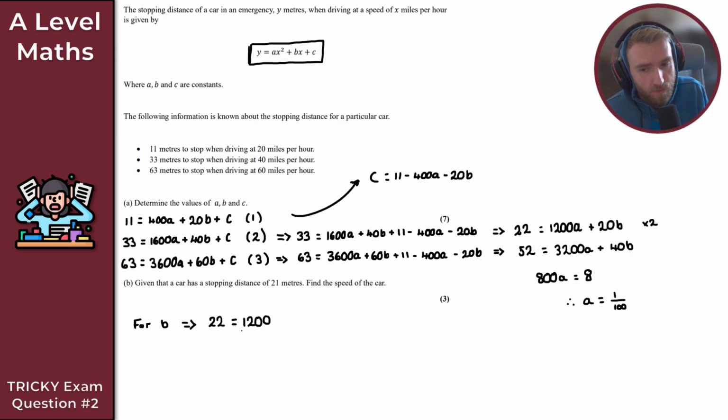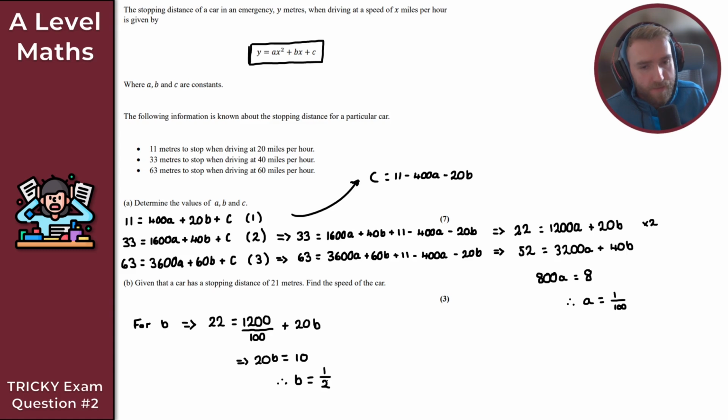So that's 1200 over 100 plus 20b. So 1200 over 100 is 12. What I've got here then is 20b is equal to 22 minus 12, which is 10. And then finally, if we just want to solve for b, just divide both sides by 20. Nice and straightforward. You just get b is equal to a half, so b is equal to 1 over 2.